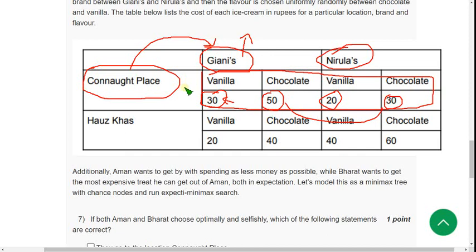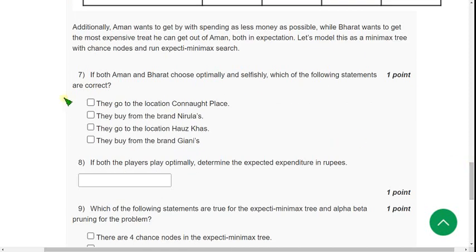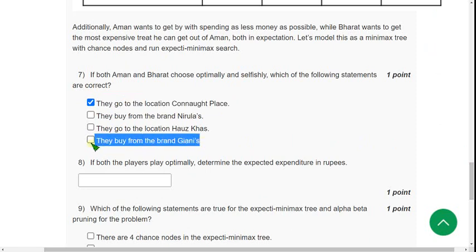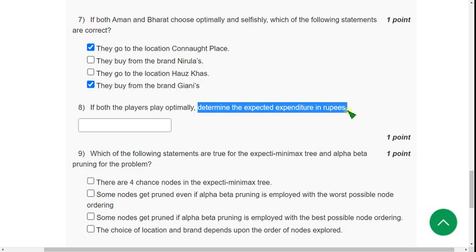So guys, this is my approach, what I am thinking. So the answer will be they go to the location Connaught and they buy brand Gyani's. So I think the first and last options are correct answers for the 7th question. And for the 8th question, if both players play optimally, determine the expected expenditure in rupees.